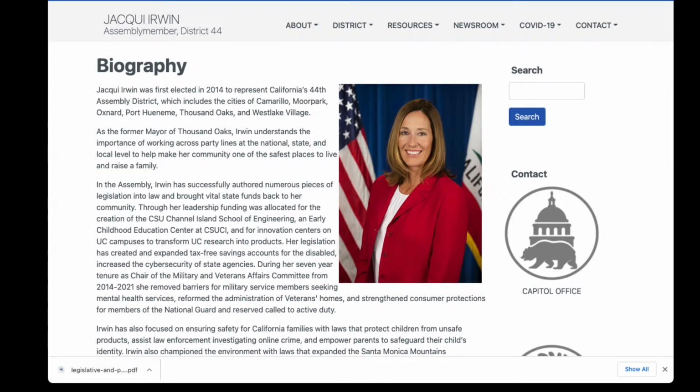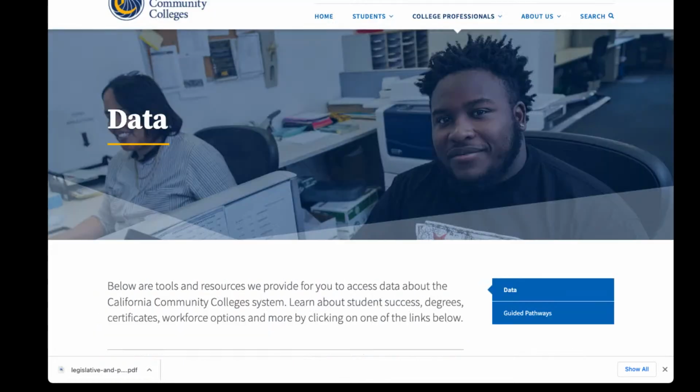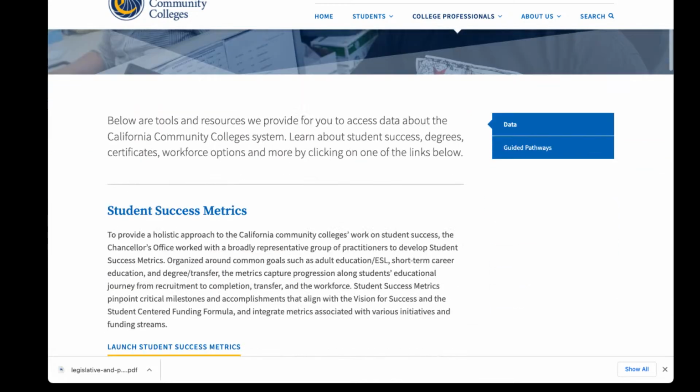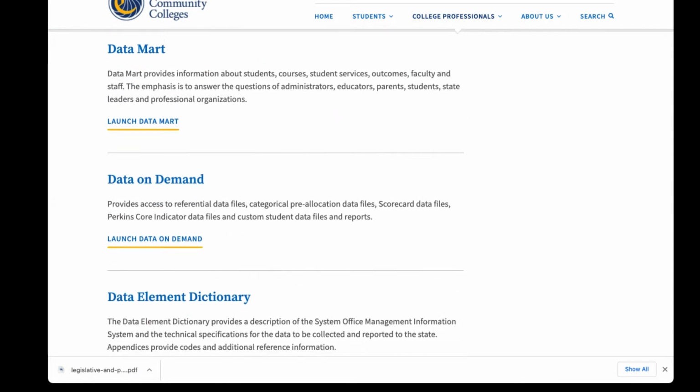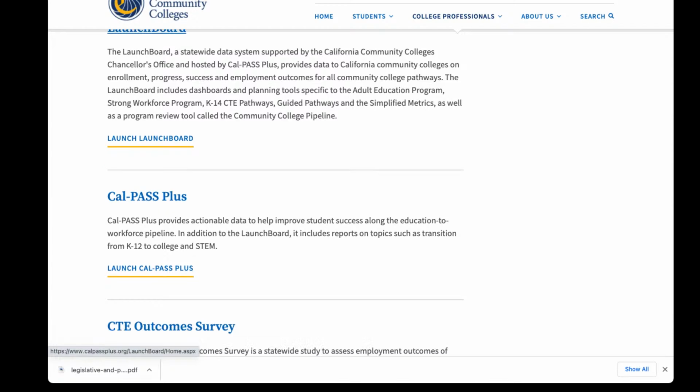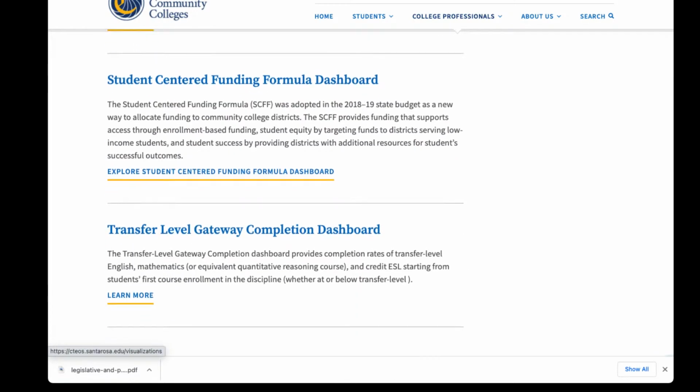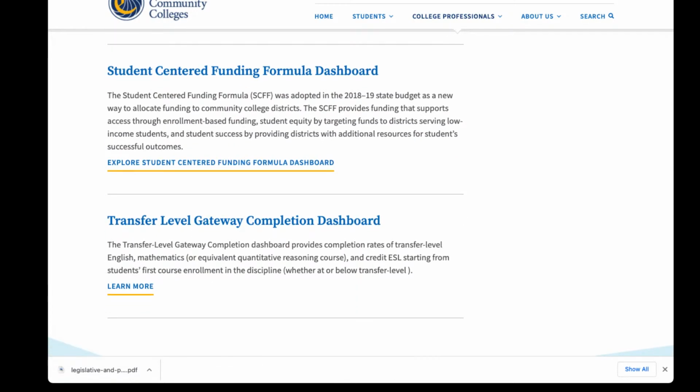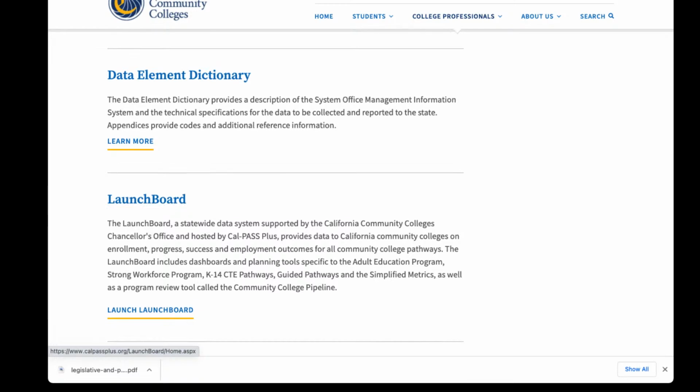She's accomplished some pretty darn good things. Some of the things she's accomplished, too, is bringing education dollars back to her district. Pretty good assembly member being able to do that kind of thing, right? Well, let's see, what does that have to do with this data? Okay, I'm going to look for data here. I'm going to share with you guys. Student center funding, okay. Where is the success rates?